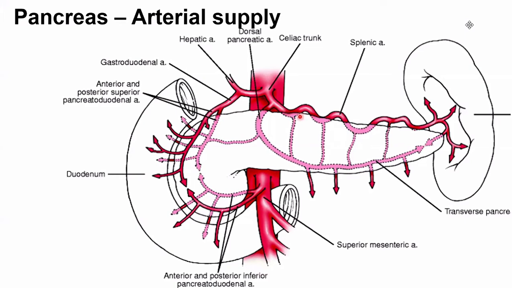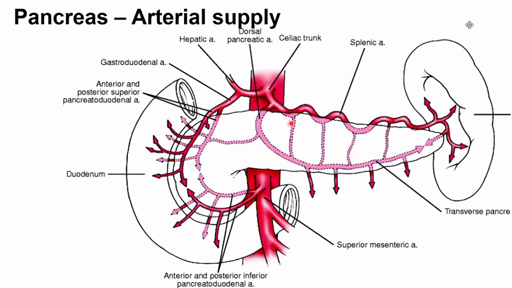So the body and the tail are supplied by the splenic artery, and we have the dorsal pancreatic artery. It goes down, below the pancreas, to the parenchyma of the body and tail of the pancreas.